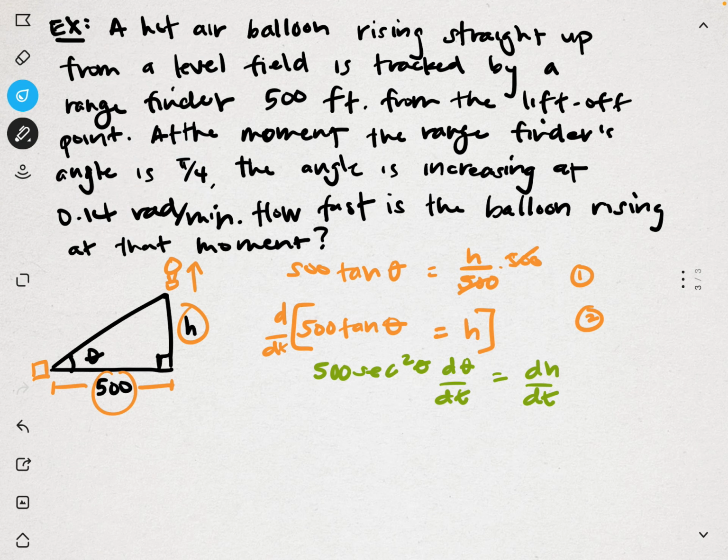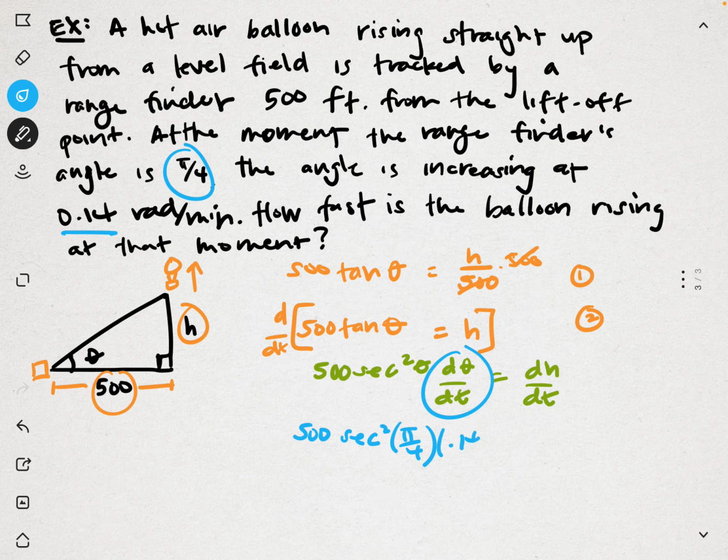So let's see what's going on here. So we have 500. Then we have secant squared. Now we know what our theta is. We have secant theta, which is pi over 4. Right? At the moment that the angle is pi over 4, the rate of change, right? They said the change is 0.14 radians per minute.